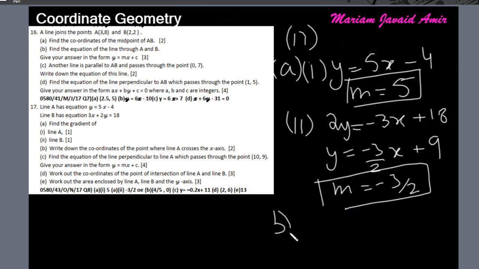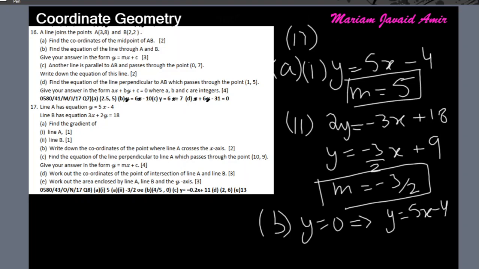Okay, part B, write the coordinates of the point where line A crosses the x-axis. So when any line is crossing the x-axis, notice that its y coordinate is 0. So simply substitute y equals 0 in the equation of A, which is y equals 5x minus 4.